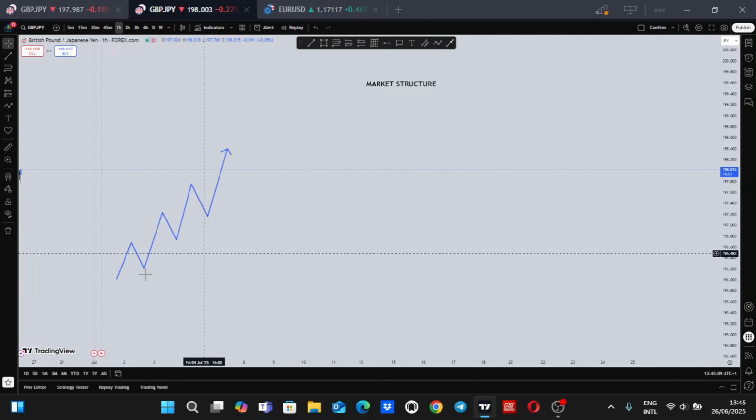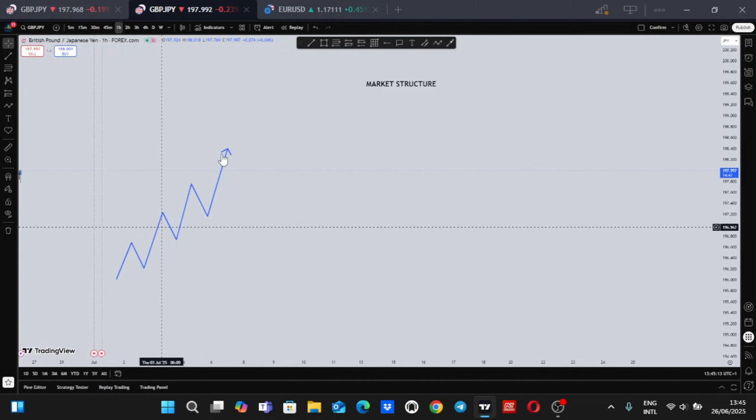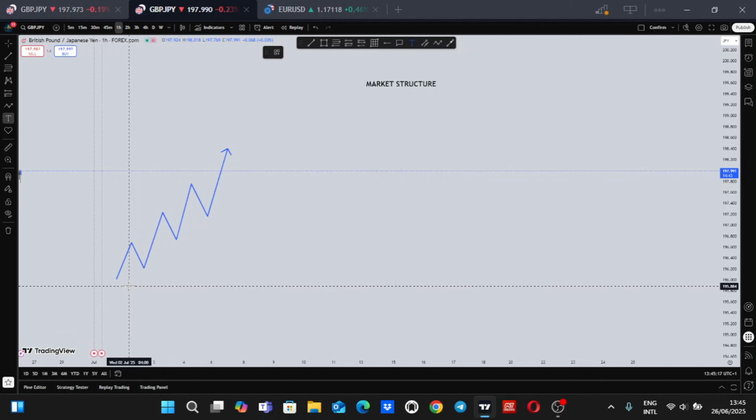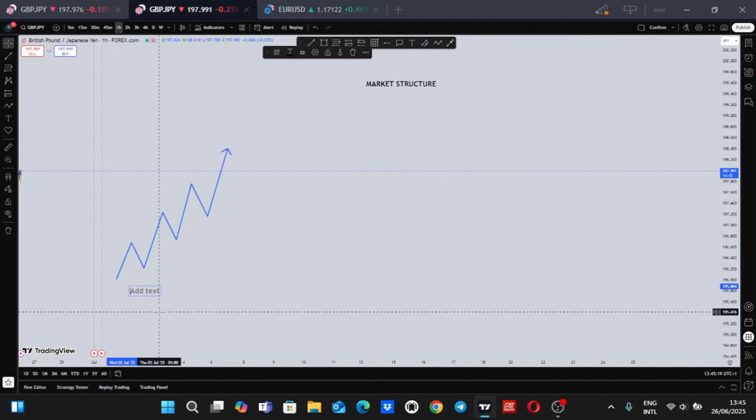When you see the market creating this type of pattern, that tells you the market is in a bullish trend.